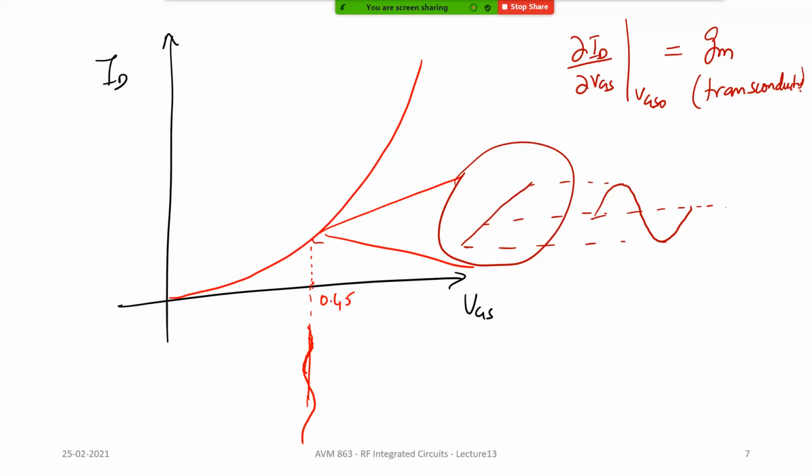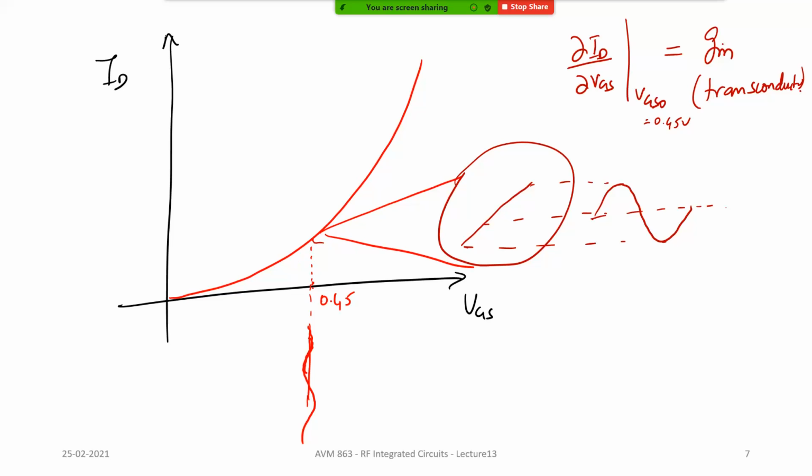Basically what we are saying is, what is the slope? By how much will the current vary for a variation in the input? It depends on the slope. So what is the slope of ID versus VGS at this VGS naught of, let's say, 0.45 volt? The slope changes as you move along this curve, right? So at a given DC bias point, what is the slope?